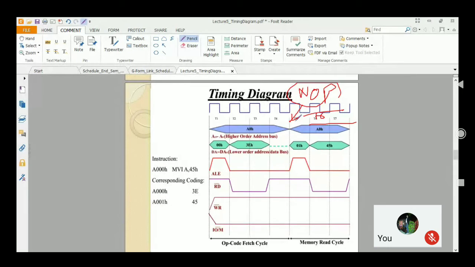So this is a minimum one. Without lowering the value of this, I will not be able to execute any MBA operation.